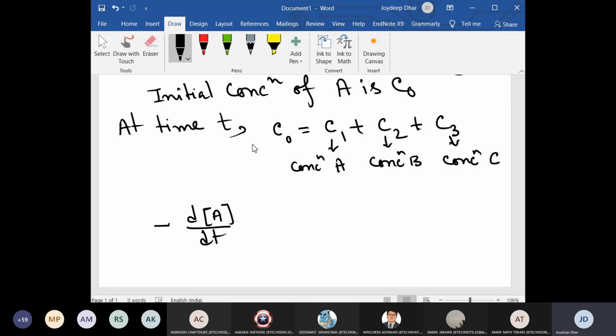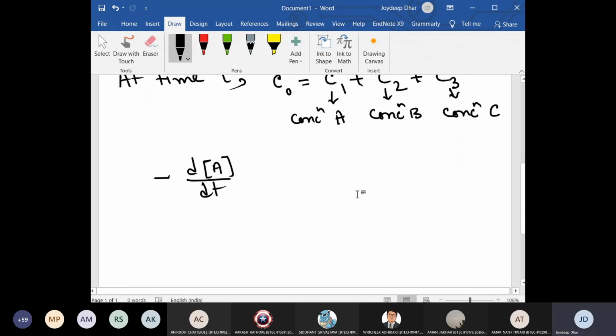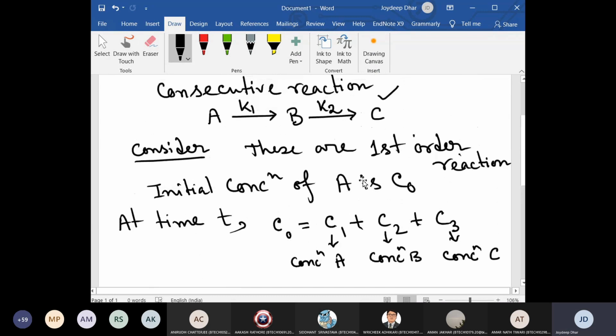That is negative because A is consumed. Similarly, you can have the B component also. If you see the reaction, B is produced in the first step and B is consumed in the second step.